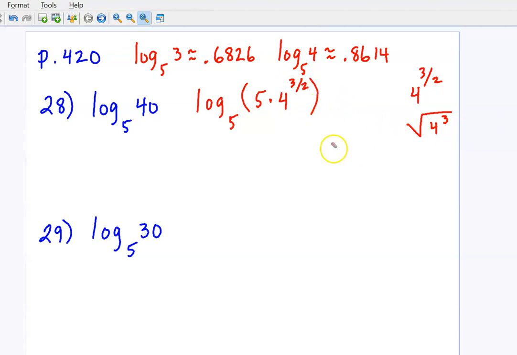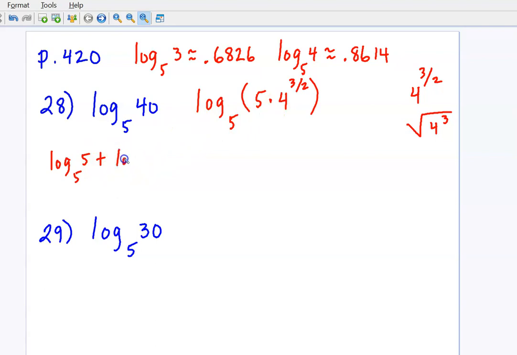Okay, so we've set it up so that now we're going to use the product property, and we're also going to utilize the power property as well. So using the product property, we would have log base 5 of 5 plus, remember, for the number of terms that we have multiplied, we'll have that many logs separated by addition.